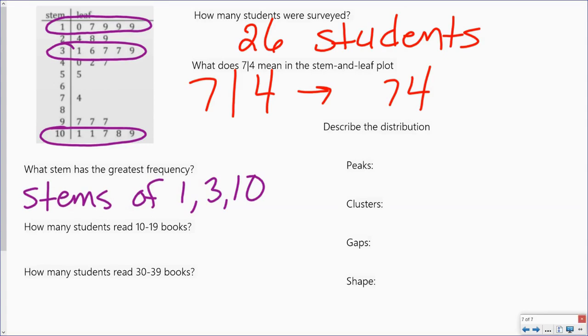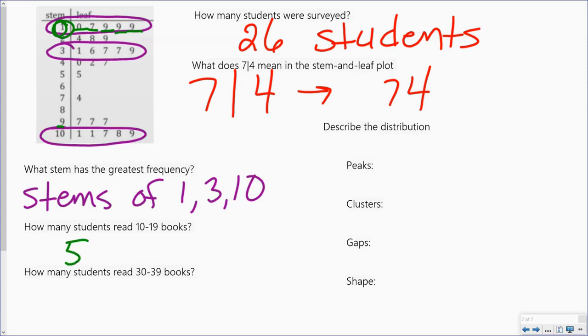How many students read between 10 and 19 books? Well, here is my 1 for 10, and then I want to go through 19. So here's 1, 2, 3, 4, 5.